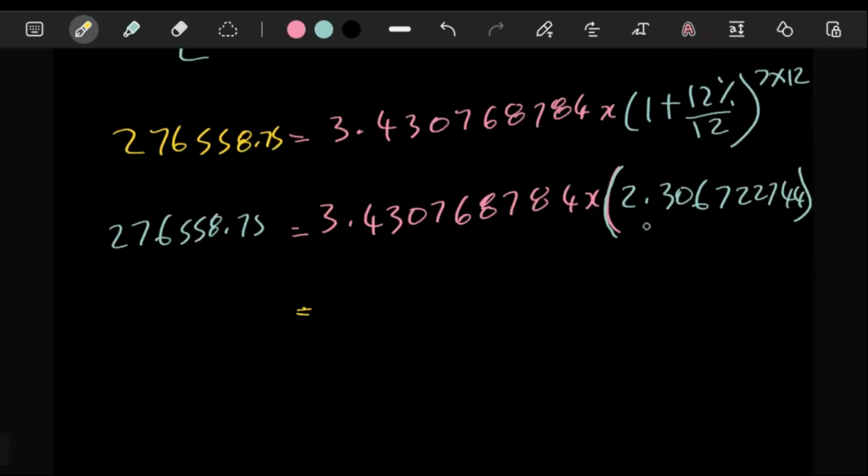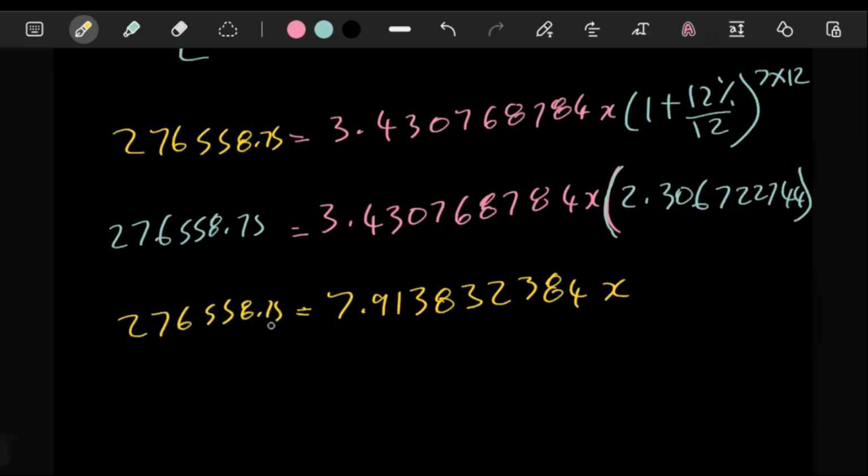This number here, you just times it by the 2 point whatever. So here times the 3.43076878 is giving us 7.913832384x. This is equal to our 276,558.75. Perfect.